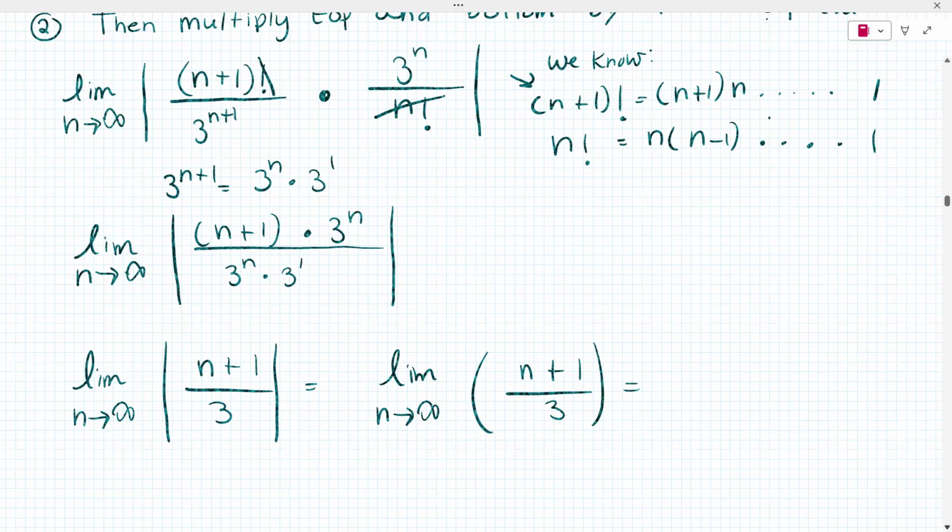So infinity plus 1 is infinity. Infinity over a smaller number is still infinity.